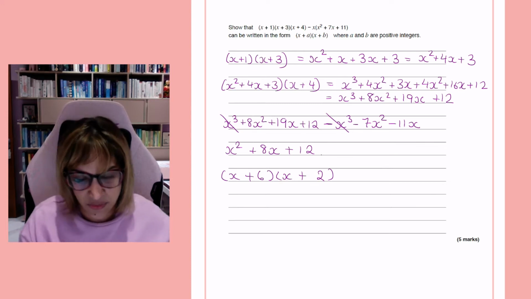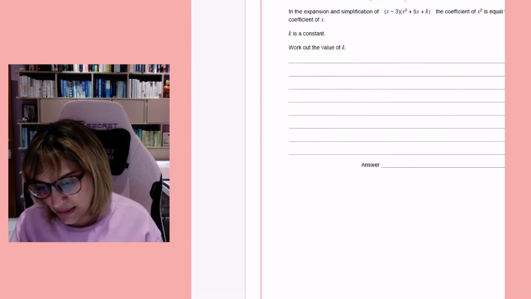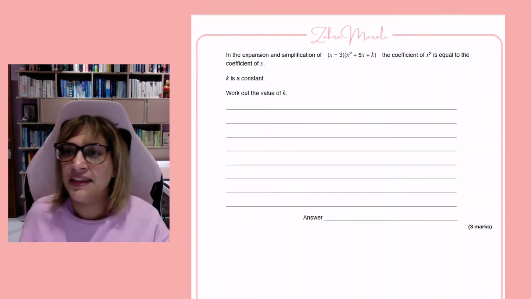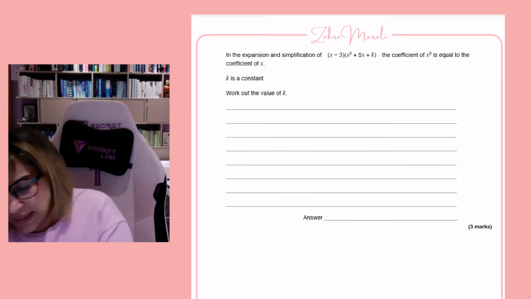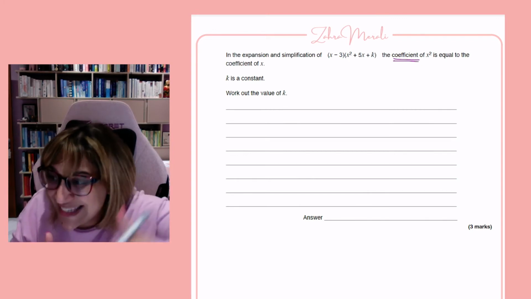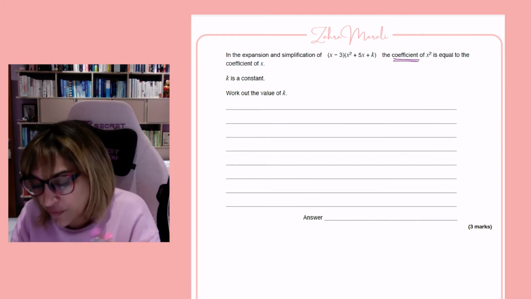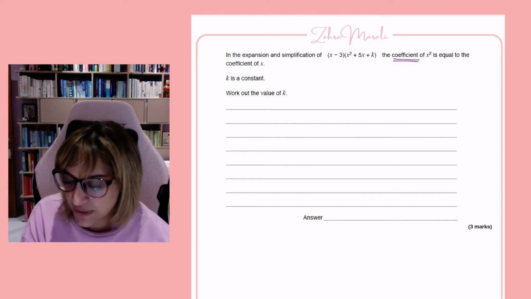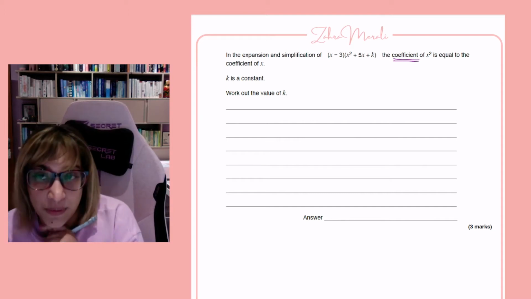Next we're going to be looking at a question where they talk about coefficients. Remember, a coefficient is effectively the bit in front of. So the coefficient of x squared is the bit that's going to be in front of your x squared. Let's open this out first.